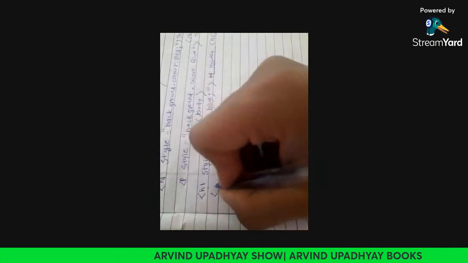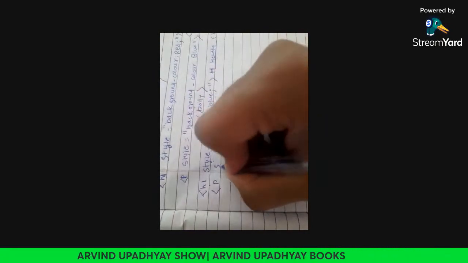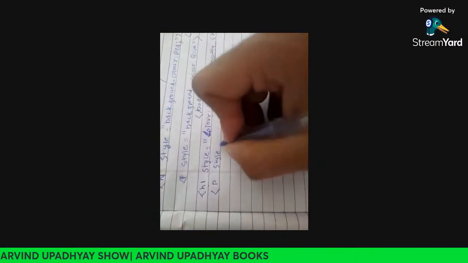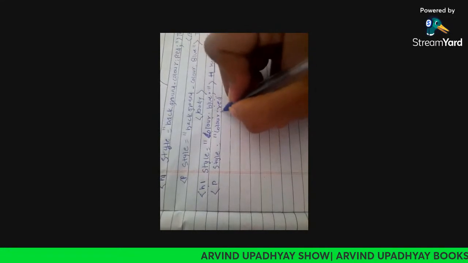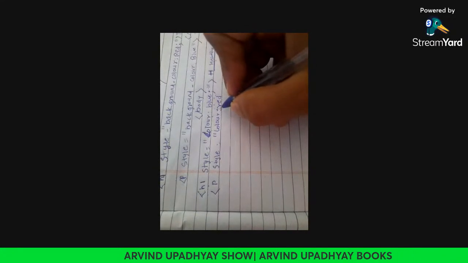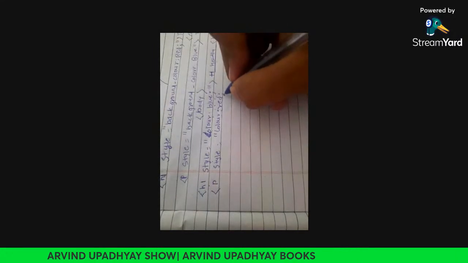And then we have our paragraph. In that paragraph we have a style equal to color. Now we want to write in red. Always remember these two also, so important, the semicolon.